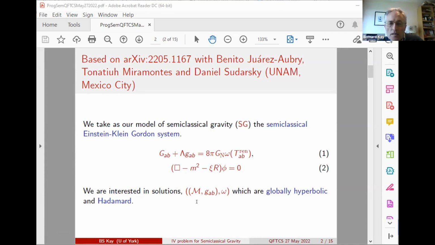And of course, a solution to semiclassical gravity consists of two things: a spacetime, (M, g_ab), and a state, in this case omega, a state on the field algebra of the quantum field phi, which lives on the spacetime (M, g_ab). And we're interested in solutions which are globally hyperbolic, so (M, g) is globally hyperbolic, and which are Hadamard, so omega is to be a Hadamard state.